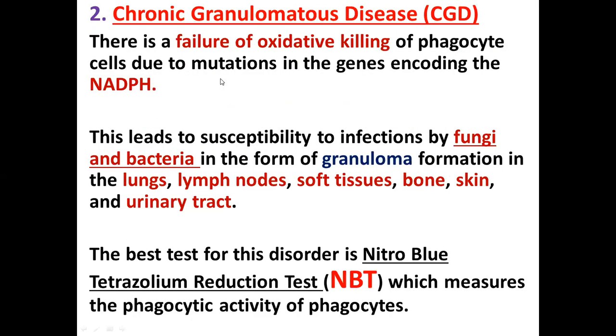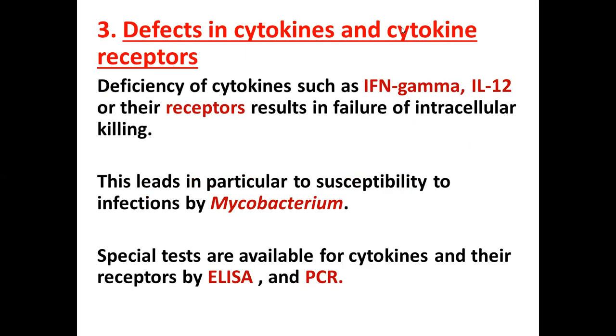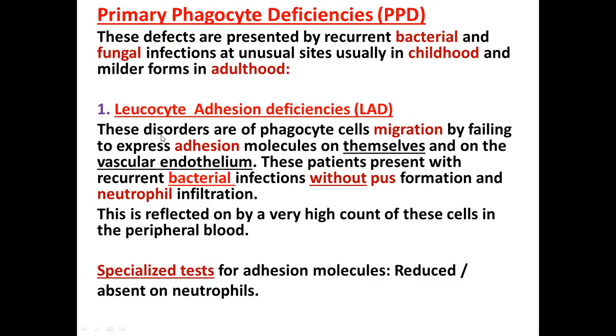The second defect is in the killing process, the oxidative killing inside the phagocytic cell. So you will have chronic granulomatous disease. It's called CGD, a very important disease. And lastly, defects in the cytokines and cytokine receptors. So let us talk about them.